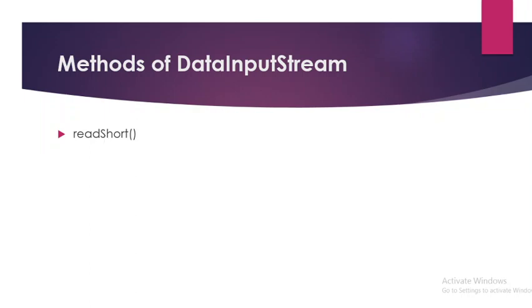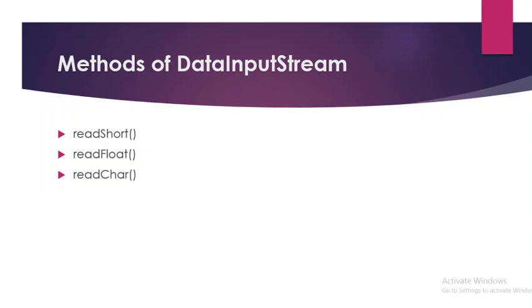So first is readShort. This method is used to read a short data type from a given stream. Next, readFloat. This method is used to read float type data from a given stream. It may be a file. readChar.